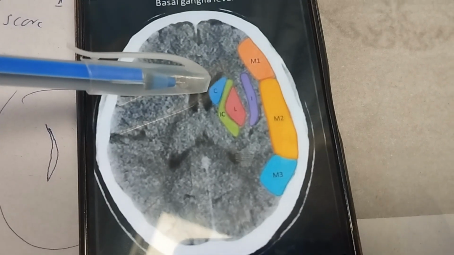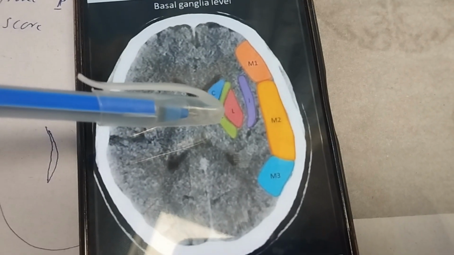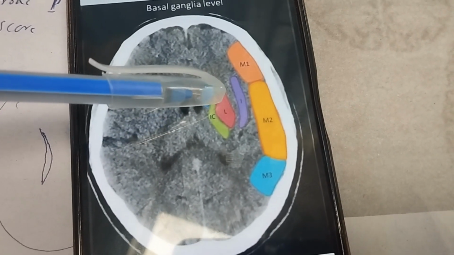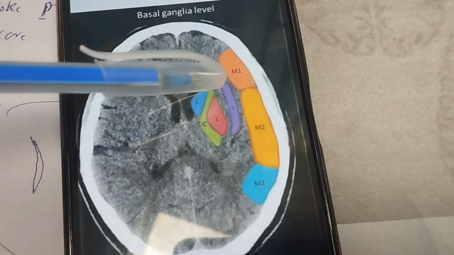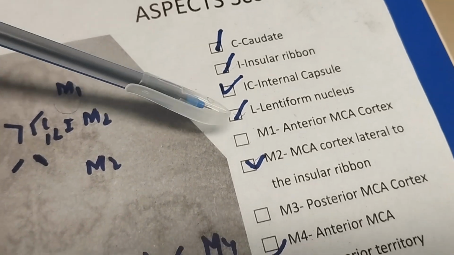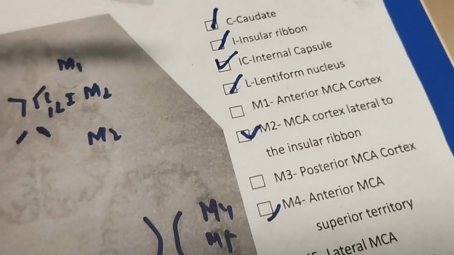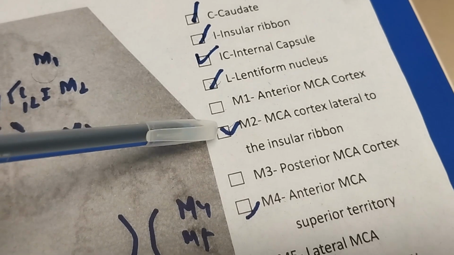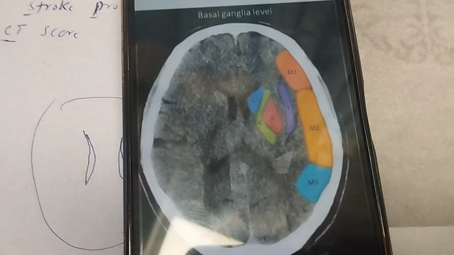This blue is for the caudate nucleus, this is the internal capsule, this is the lentiform nucleus, and this one is the insular ribbon. So the areas here are the caudate, insular ribbon, internal capsule, lentiform nucleus, and M1, M2 and M3.